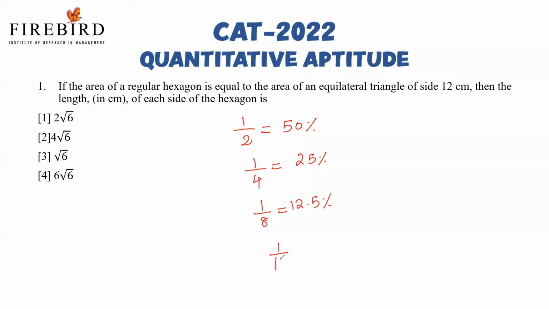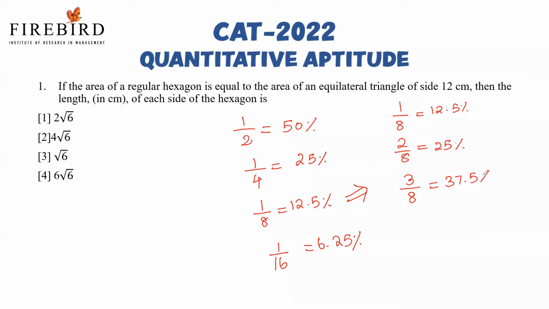Half of 1 by 8 is 1 by 16, 6.25 percentage. Do you understand this? If I know that 1 by 8 is 12.5 percentage, then for 2 by 8 I just add 1 to the numerator and on the right-hand side add 12.5 plus 12.5, which is 25 percentage. 2 by 8 plus 1 by 8 is 3 by 8, 37.5 percentage. 3 by 8 plus 1 by 8 is 4 by 8, which is 1 by 2, equal to 50 percentage.